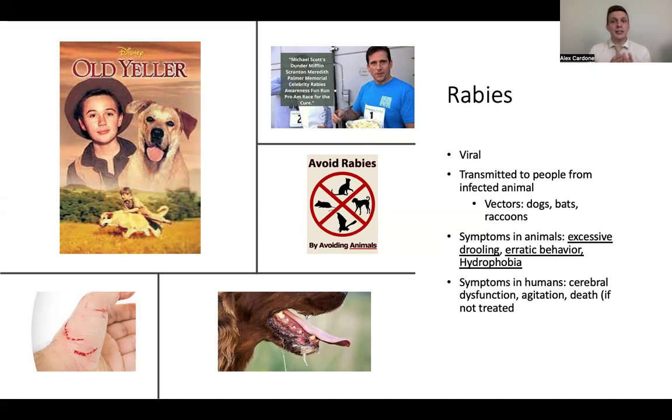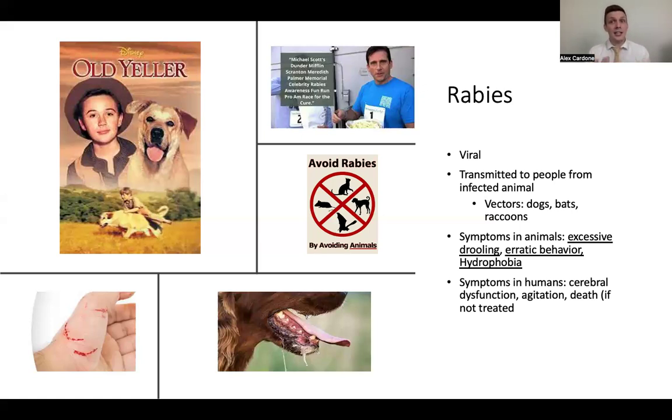But it's also important to understand some of the symptoms associated with rabies that set it apart. A lot of it has to do with excessive drooling, such as that picture at the bottom. Dogs drool normally, but this is even more so. Next, erratic behavior. Sometimes you'll see a dog doing things it wouldn't normally do, or it seems overly aggressive.